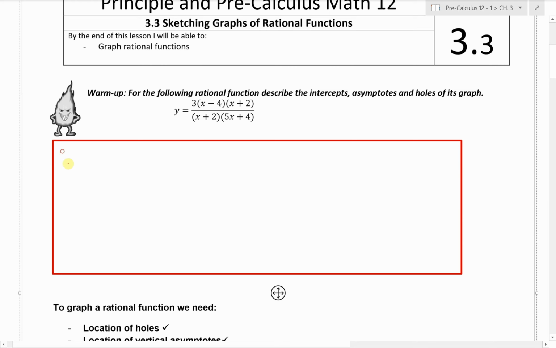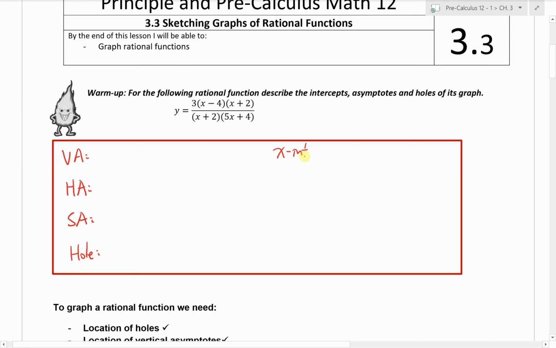Okay, so to find out the information, let me just list them out so I don't forget: horizontal asymptote, vertical asymptote, slant asymptote, hole, x-intercept, y-intercept, and domain. Okay, so first of all, I'm gonna simplify this because I know I can reduce the x plus 2's.